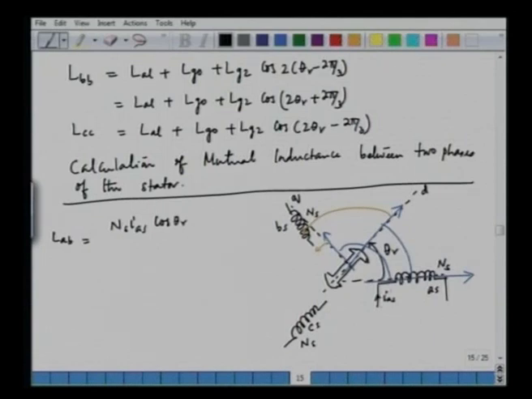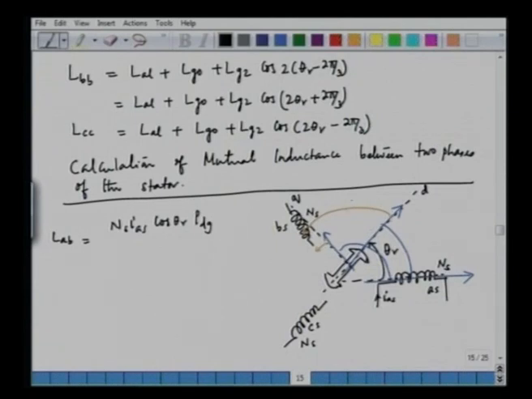Ns into Is into cos theta r in this case is the d axis flux due to the current in phase A multiplied by P dg into, we are talking about the projection of this along this axis.